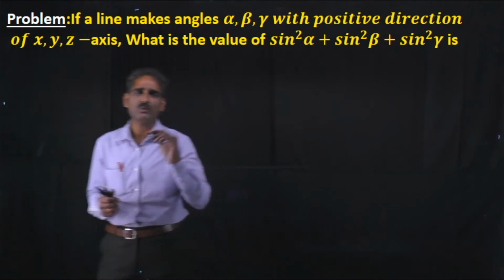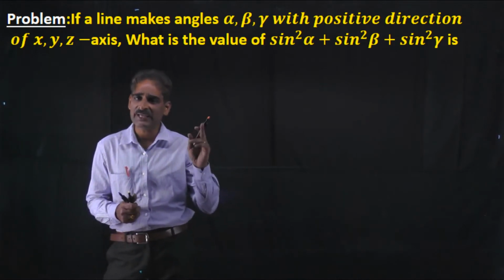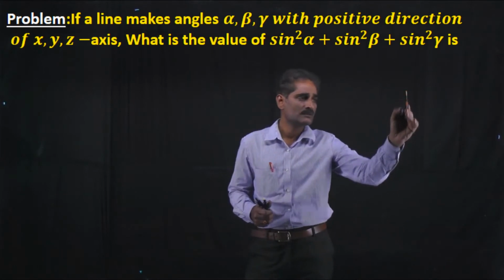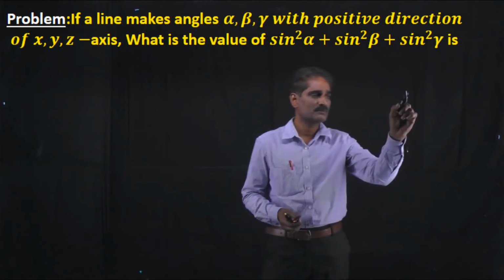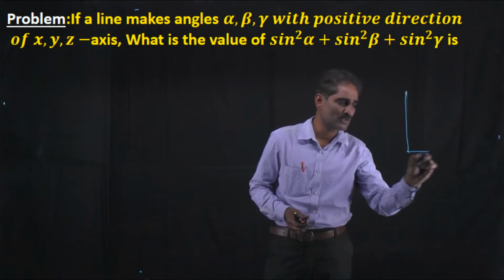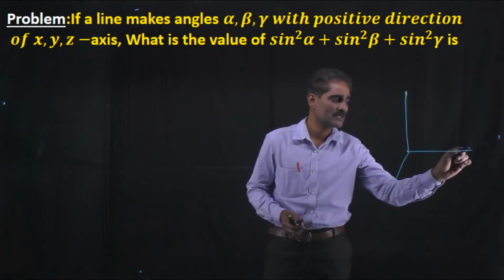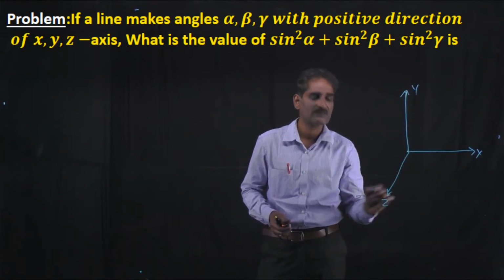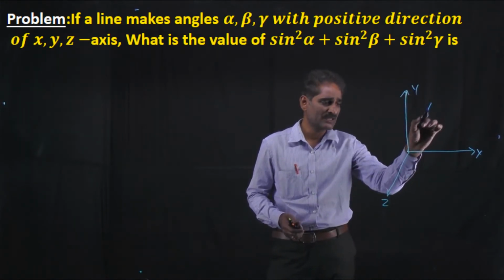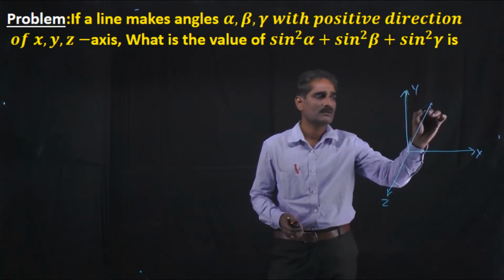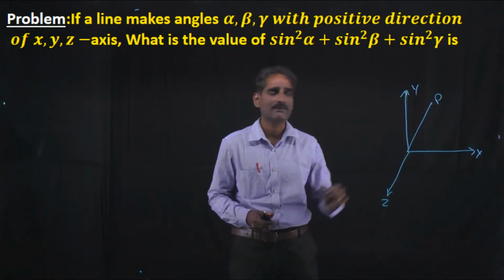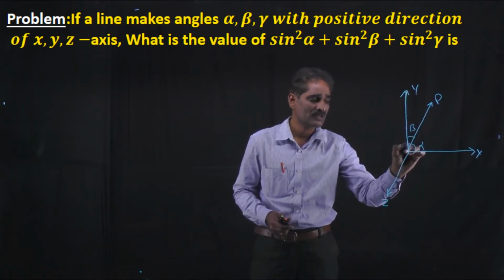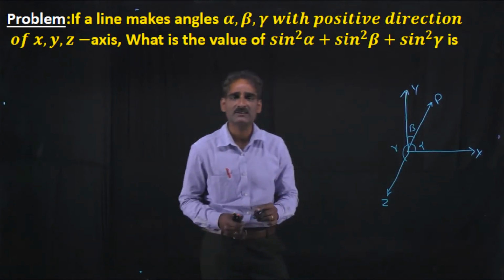Already we know if alpha, beta, gamma are the angles made by any ray with the axes, suppose these are the three mutually perpendicular axes, x-axis, y-axis, z-axis, and suppose this is a ray, let us take OP the ray. It makes some angles alpha, beta, gamma with the three axes.